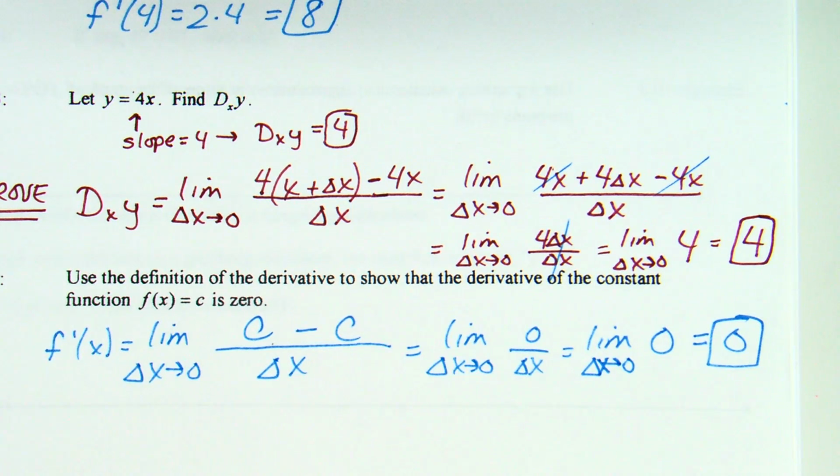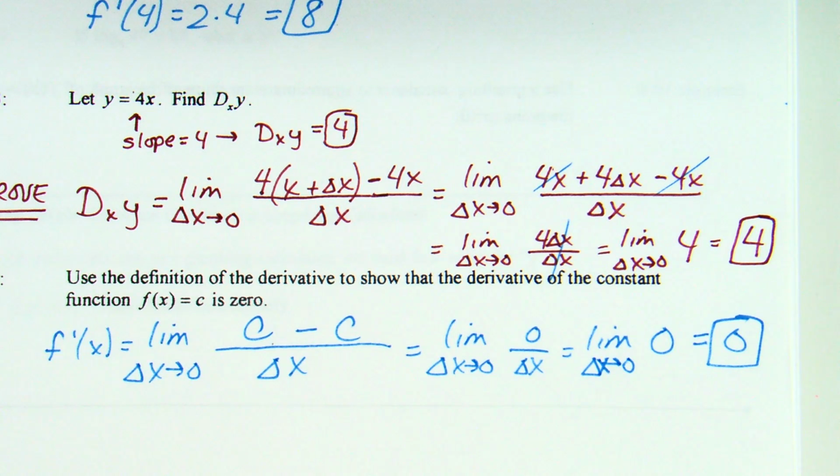It would have been the same thing if I had said f of x equals 4. Then when I do f of x plus delta x, remember, this goes wherever you see an x. If I just have the number 4, there's no x, so there's nothing to put in place of. And c is like a number.